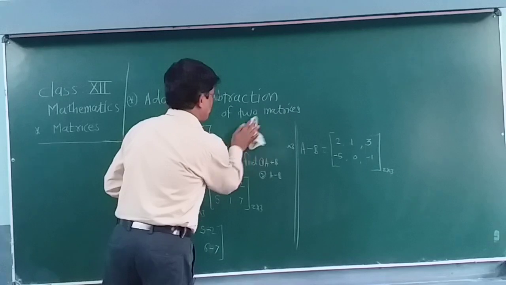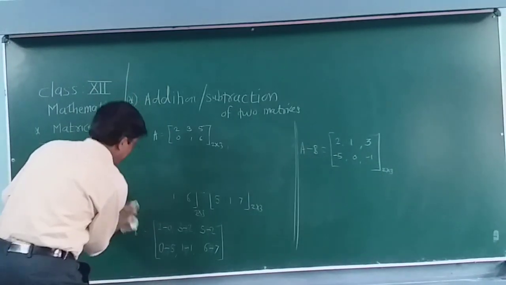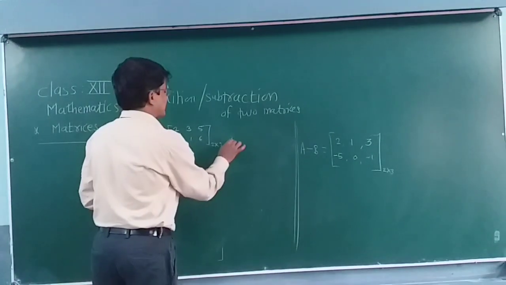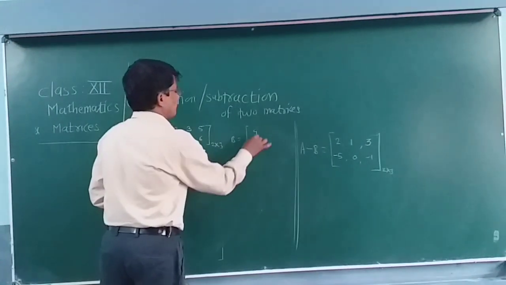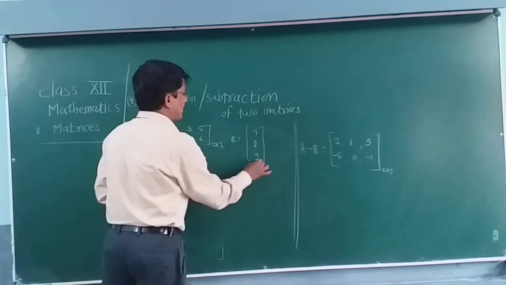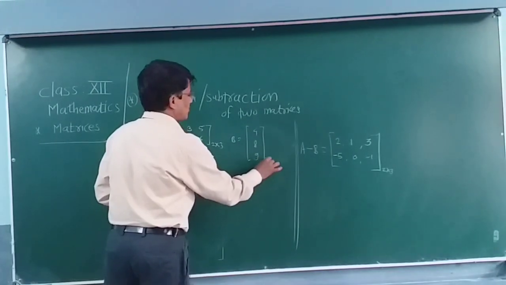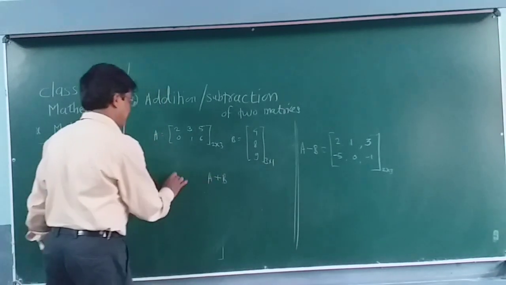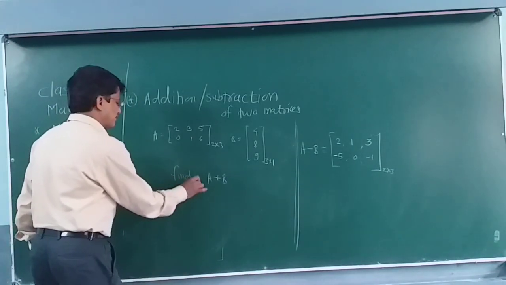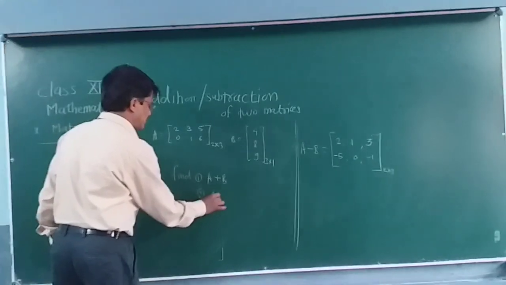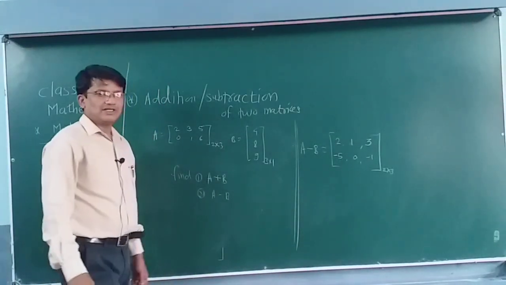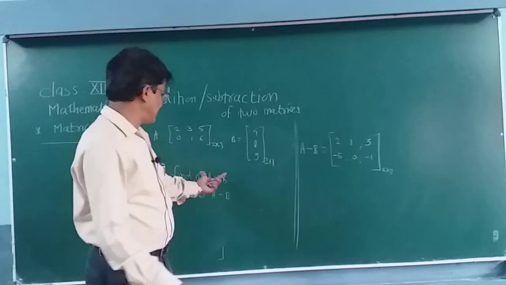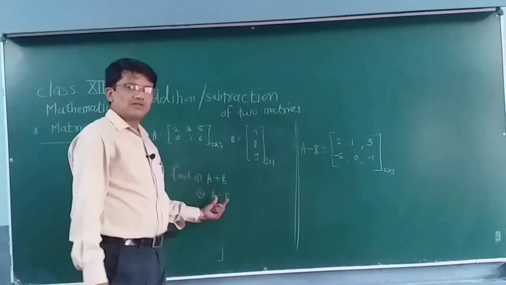Look here, suppose matrix A is the same and matrix B is like this, 4, 8, 9, where the order is 3 rows and 1 column. Can we find A plus B? Find A plus B, A minus B.